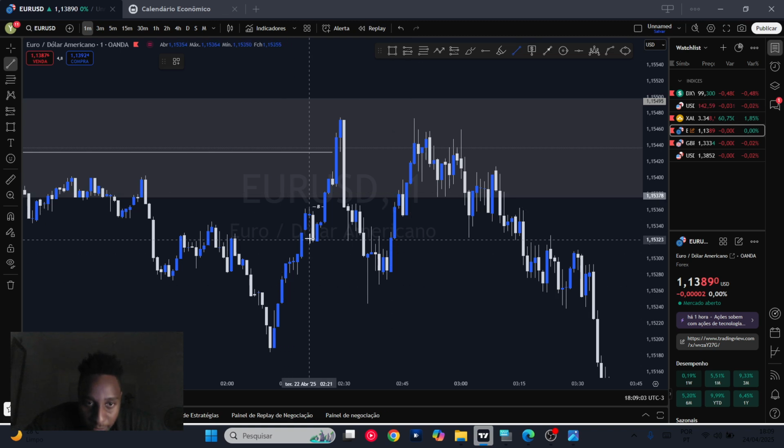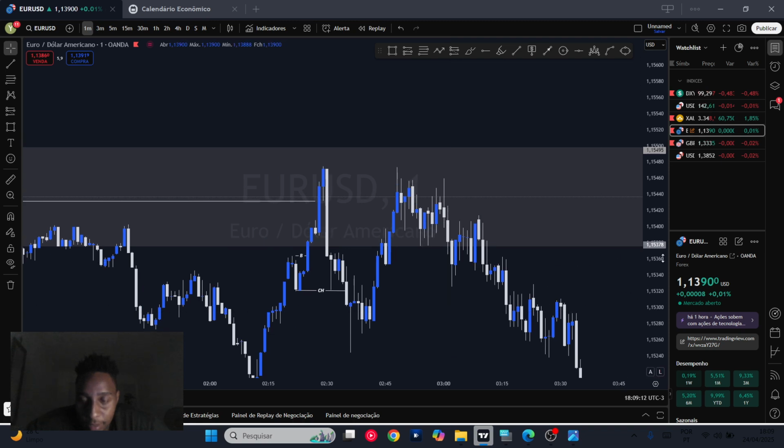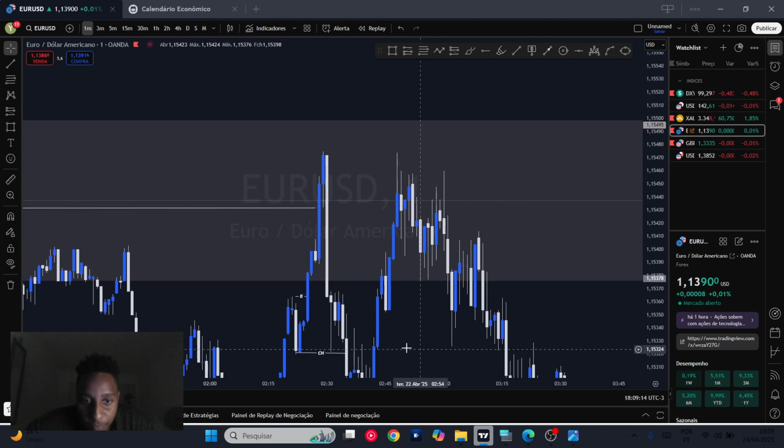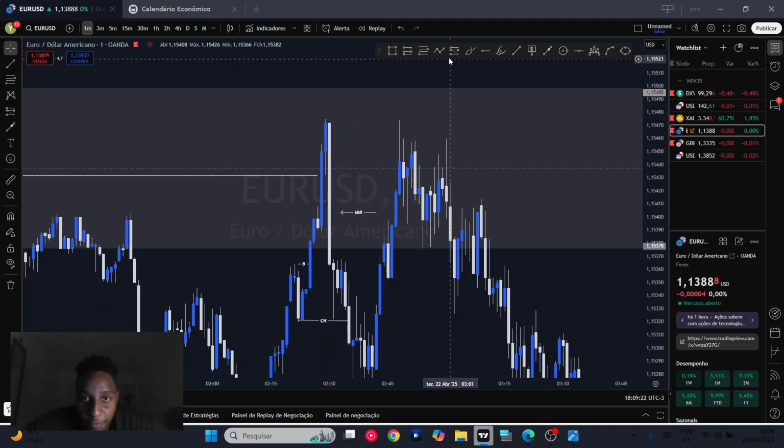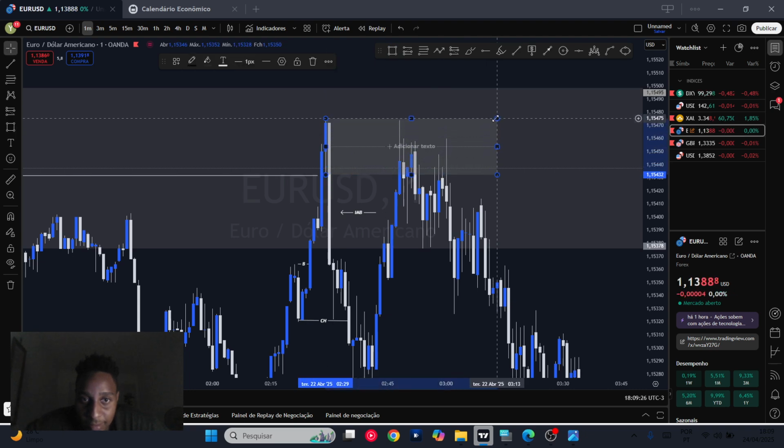Now look and watch absolute cinema. Price made a change of structure here, CHoCH, and basically within this CHoCH, price created this imbalance right here. So price came and filled this imbalance right here within this candle.